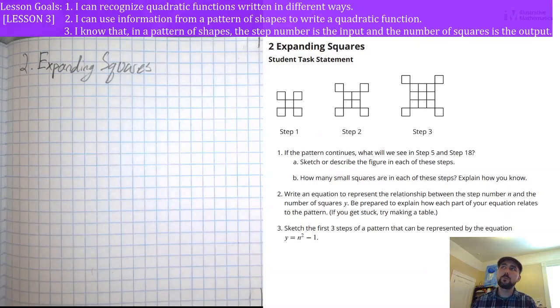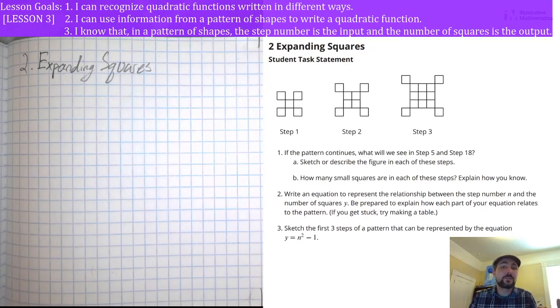Input and output are very function type words, but essentially we want to realize that the step number is going to be used to figure out the number of squares. If I input the step number, can I output the number of squares in each step?